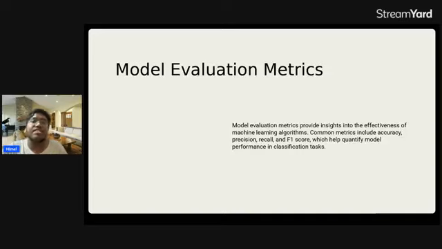These metrics give us direct insight into where our models excel and where improvements are needed.